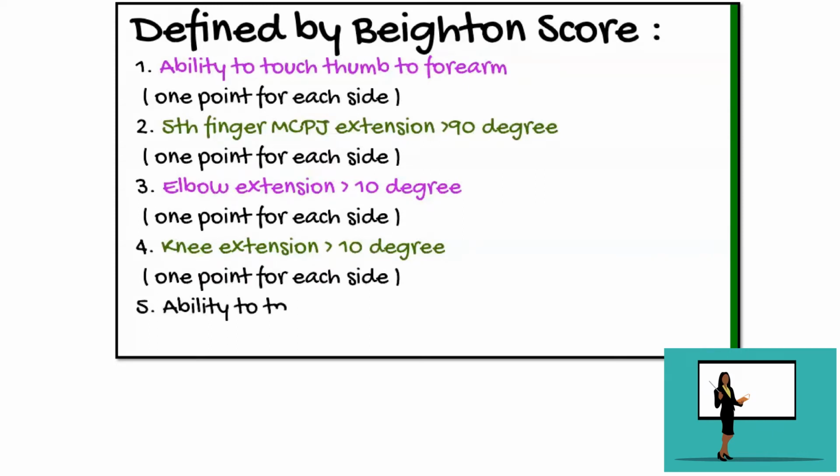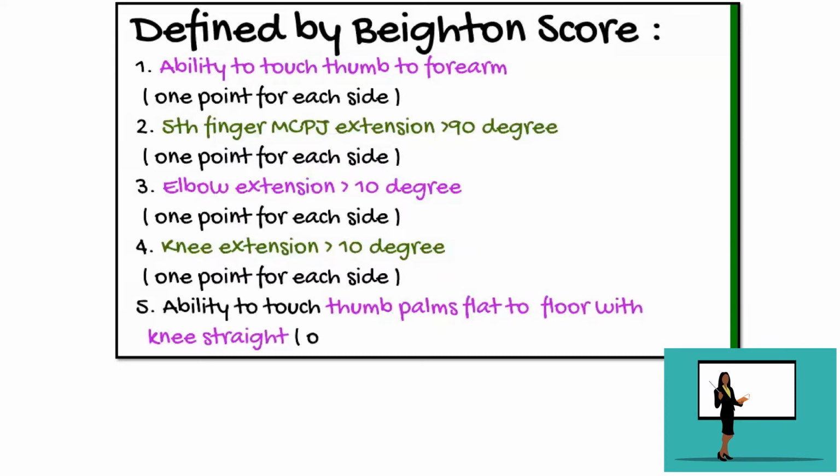The elbow extension more than 10 degree. We give 1 point for each side. Number 4. Whereby the knee extension is more than 10 degree. We give 1 point for each side. And finally, number 5, ability to touch thumb palms flat to the floor with knee straight, we give 1 point. Okay?